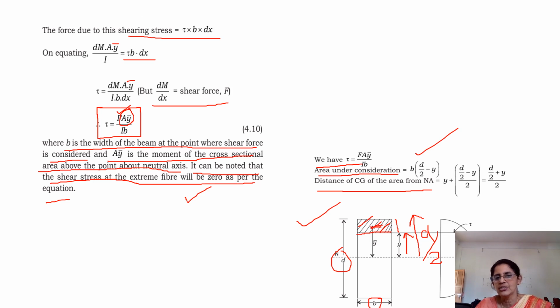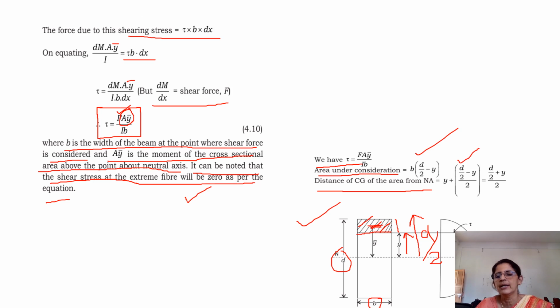So what is y bar from the neutral axis to the center of gravity of this shaded area? From here till here is y. What is this depth which we have already studied? That is D by 2 minus y. So the center of this will be (D by 2 minus y) by 2.